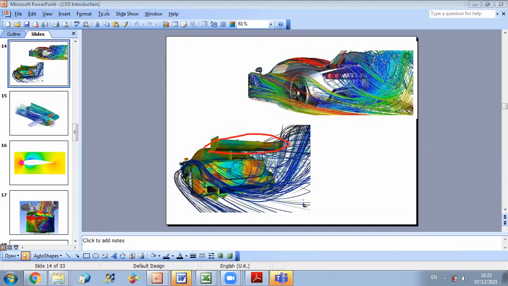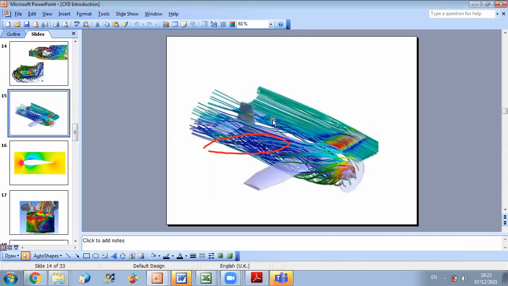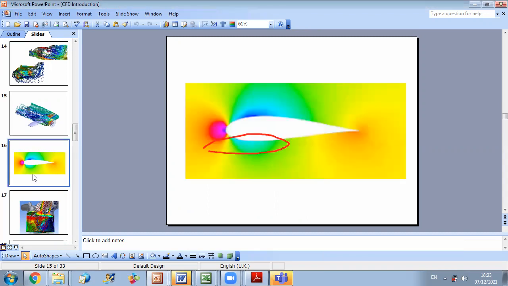And here we can see, for example, when you are designing an airplane, you can also study the velocity and pressure field around it. Here, for example, we have flow over an airfoil.